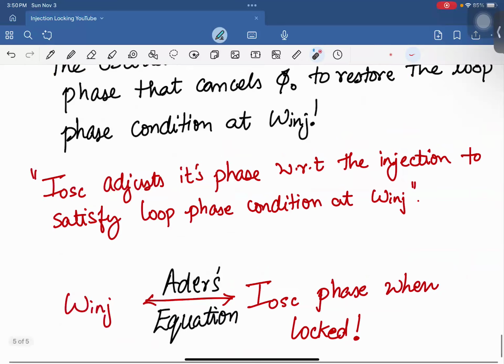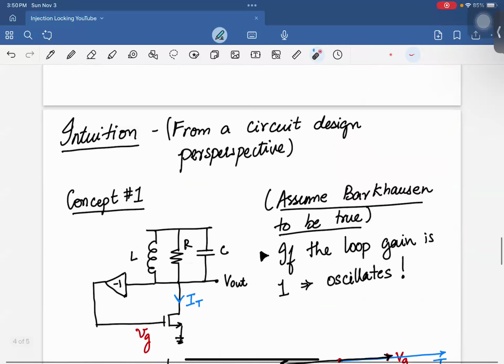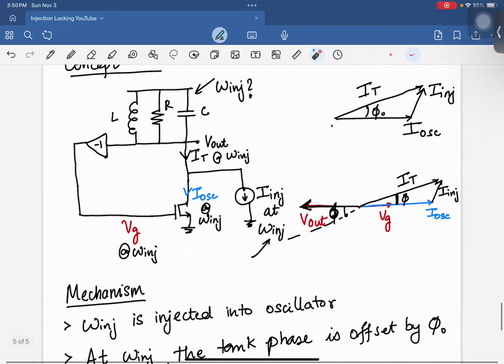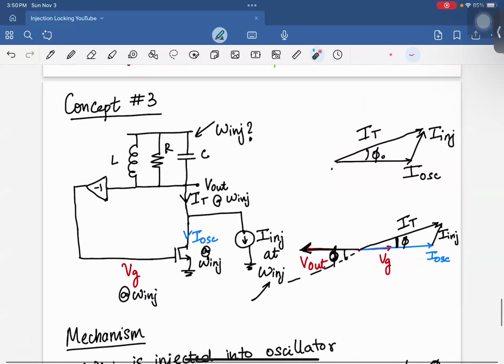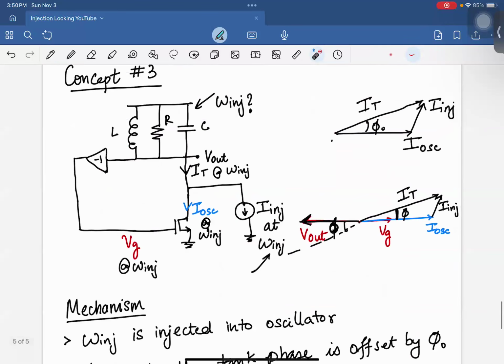Okay, so to summarize, I'll stop here, and in the next video we'll derive Adler's equation based on what we've discussed here. We'll do a very general derivation with just a few assumptions. Essentially, we'll just use this and the tank impedance to derive Adler's equation.